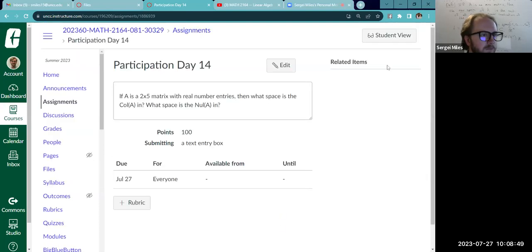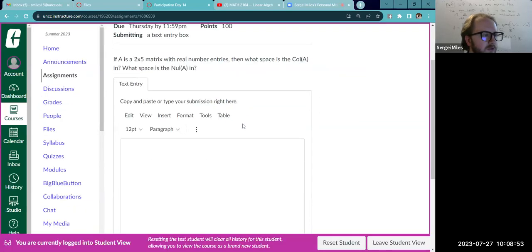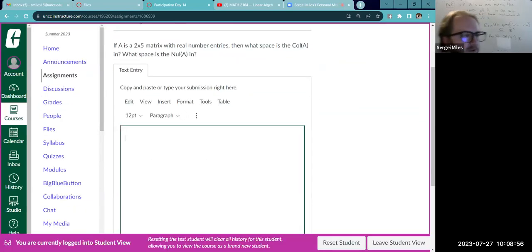If I go in student view. So what space is the null space of A in? You can just write it with R and do caret symbol for power. The null space is in the domain. So the null space is inside of R5. What about the column space? The column space is in the output space, right?